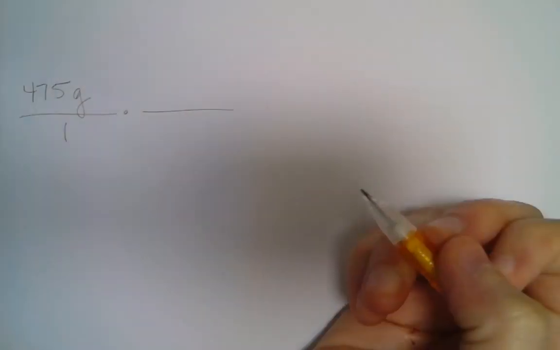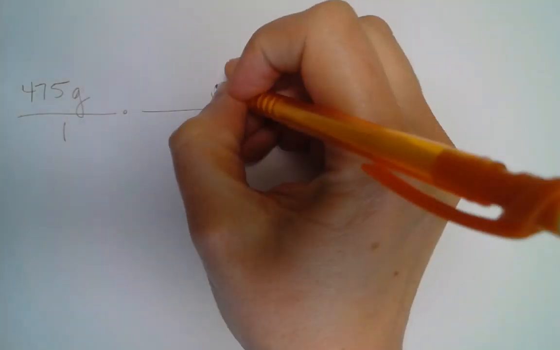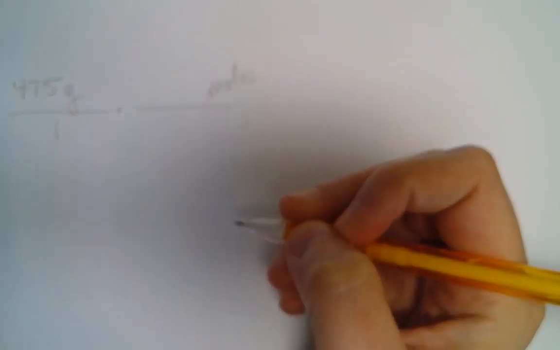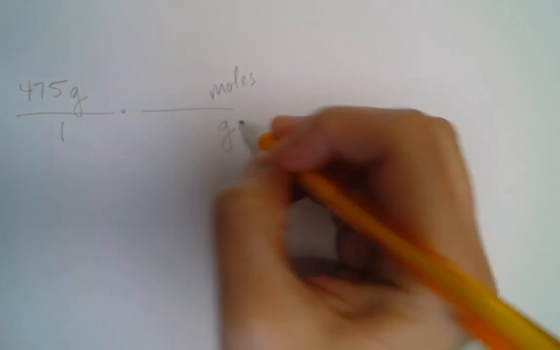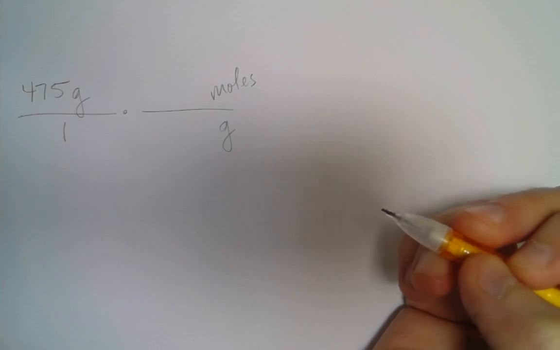And then the second fraction that I had was, on the top of that, I had the moles. And then the other unit on bottom was grams. Looks nice. But is there a thing in between it?